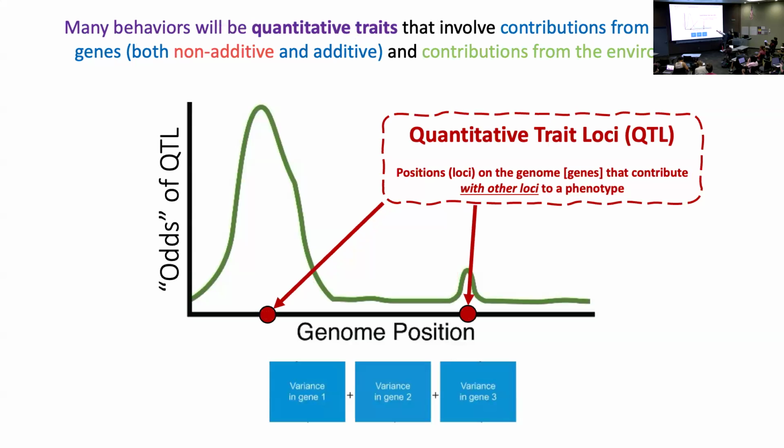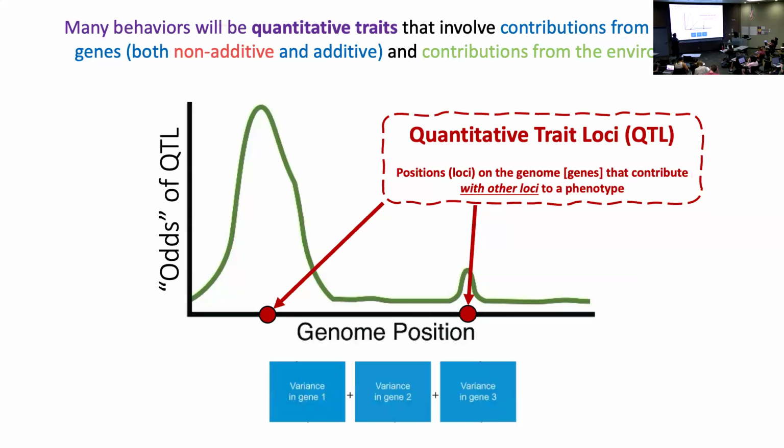And so this is what we would like. There's this notion of quantitative trait loci, or loci, the plural of locus. What we would like is to lay out the genome on the x-axis here. This is the left of the genome, and this is the right of the genome over here. Every spot on this x-axis is a position, so you can think of it as a gene.